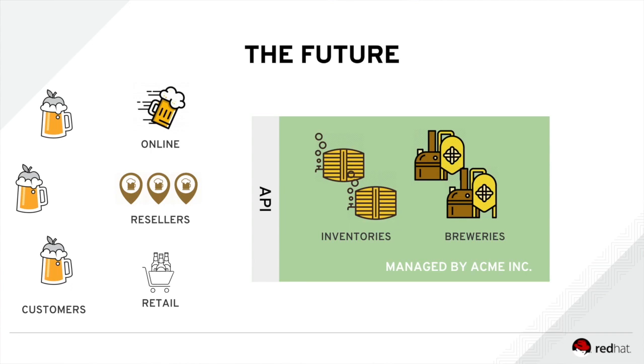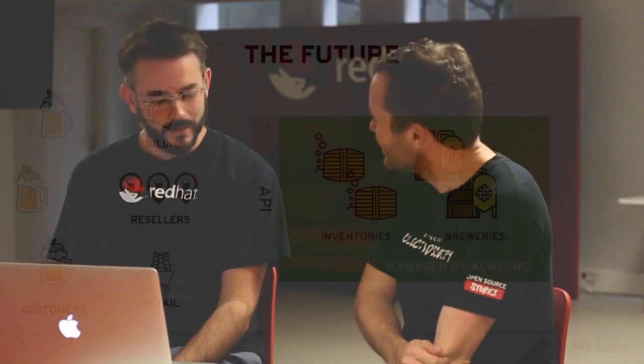So we are ready to grow. And we may acquire some more companies, and we might need an integration product like Red Hat Fuse, for example, to integrate those heterogeneous things. But I think that's something for another story. Yeah, that's a great idea, but maybe later.